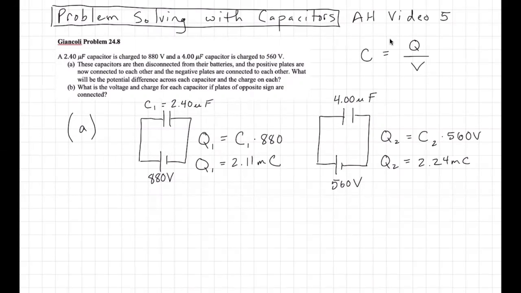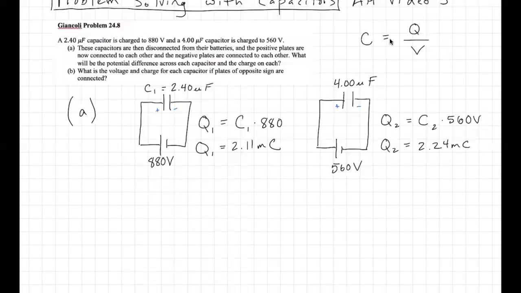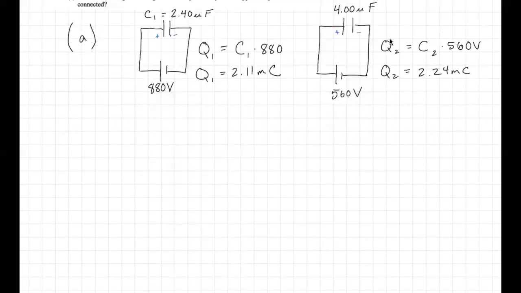So let me just make a mark here. Let me say that in the first diagram, this would be the positive plate and this would be the negative plate, because the positive plate will be attached to the positive terminal. And similarly here, just to keep track of where things are going. So let me scroll down a little bit. If I take the first capacitor, here's the positive plate, here's the negative plate.